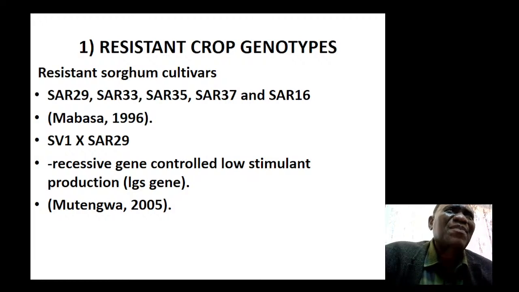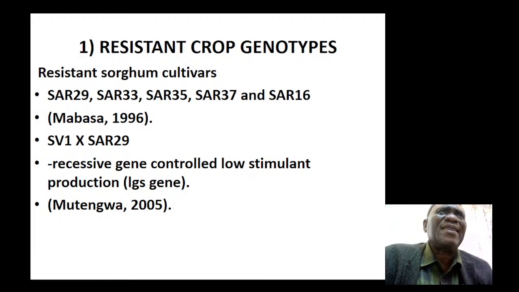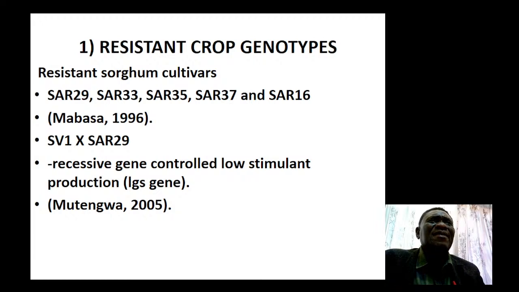There have been some resistant sorghum varieties or cultivars which we have identified in this country: SAR29, SAR33, SAR35, SAR37, and SAR16.